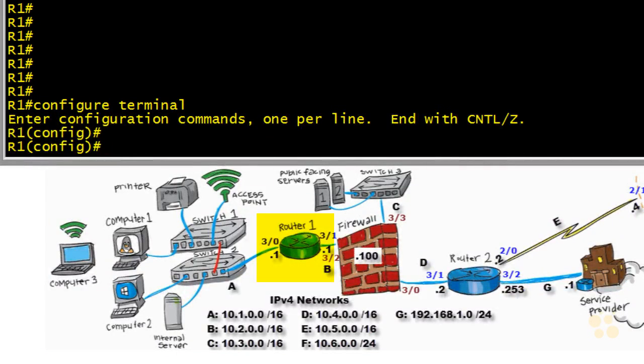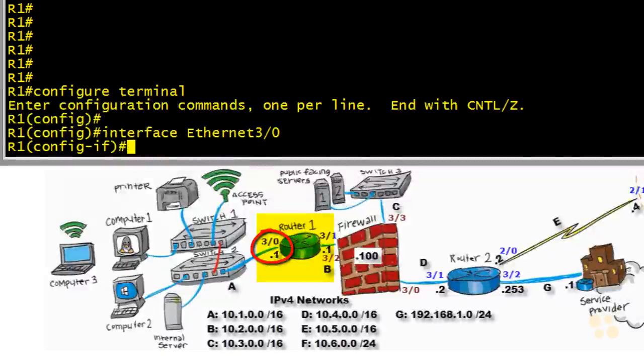Next, because a router has lots of different areas that we could configure, we need to go specifically to the area that we want to configure, and that's interface 3/0. To do that, we would simply type in the command interface Ethernet 3/0 and press enter.